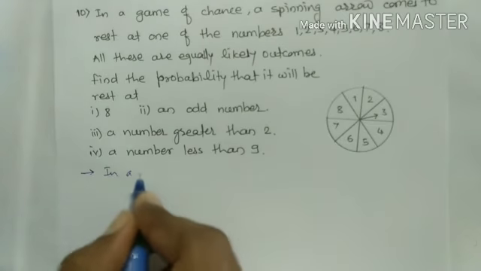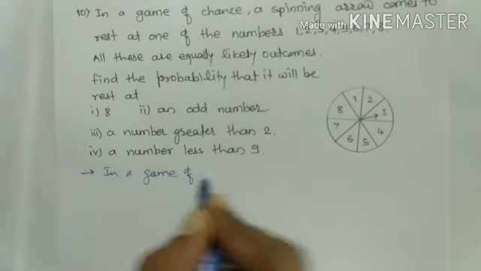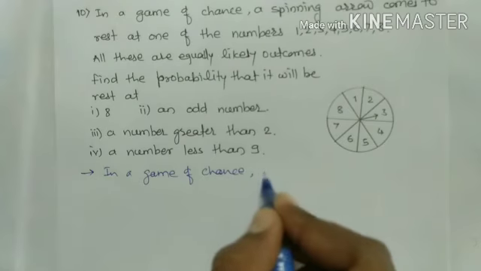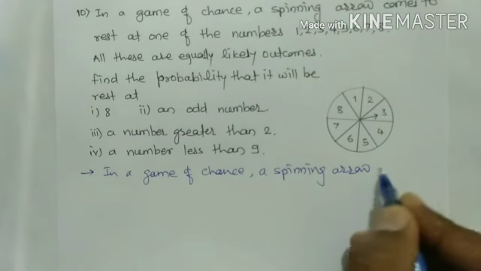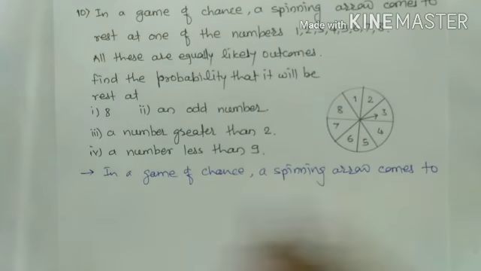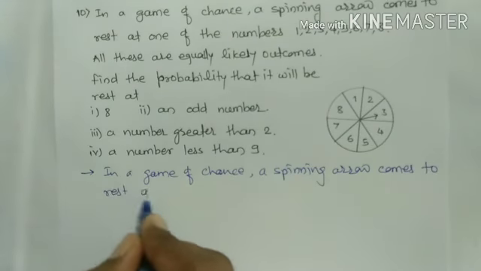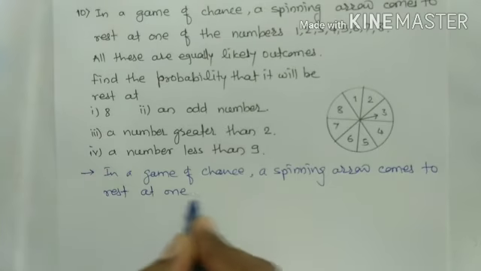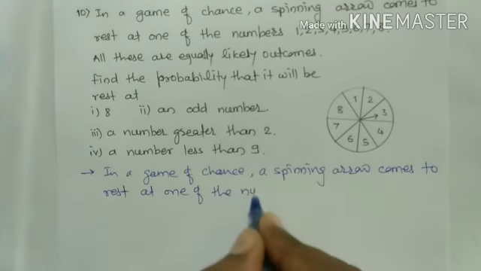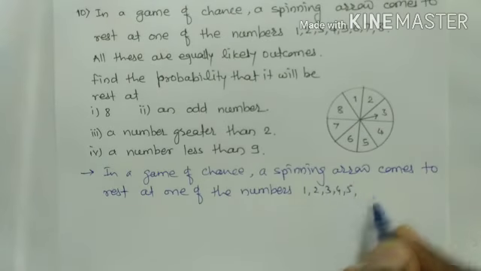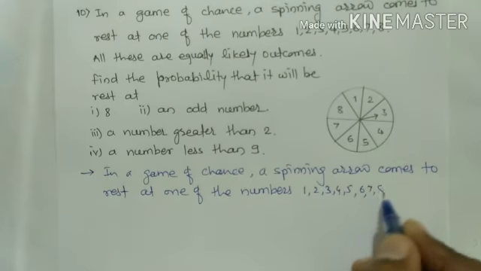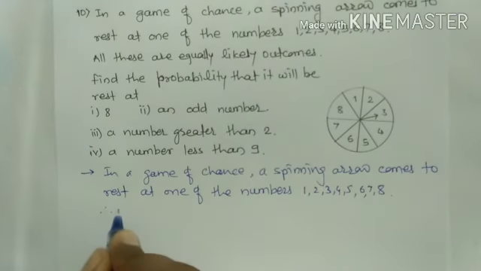See, in a game of chance, a spinning arrow comes to rest at one of the numbers 1 2 3 4 5 6 7 8. Therefore, number of S equals 8.